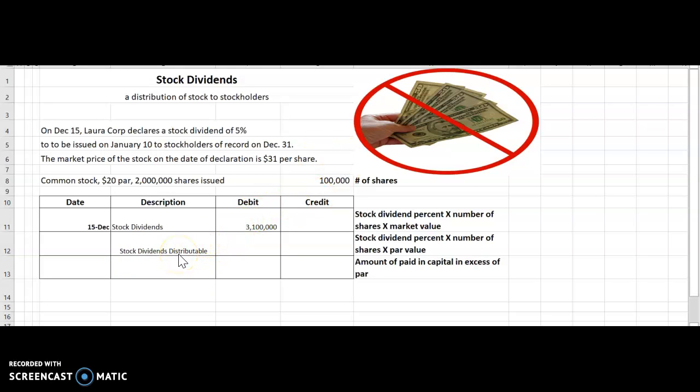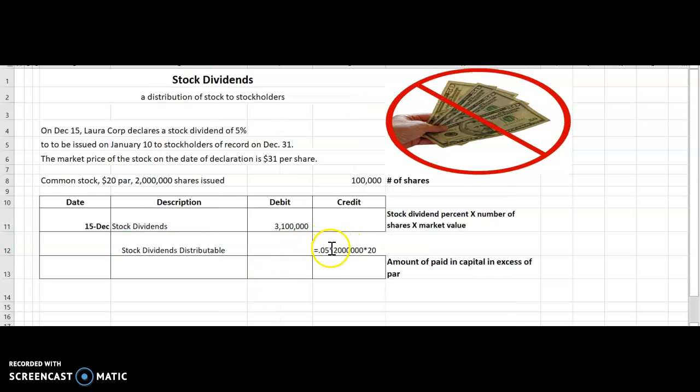Then our other account is going to be called stock dividends distributable, because we are only recording the liability today, and we will distribute these stock dividends at a later date. This time we're going to say 0.05 times 2 million times par value, which is $20, which would equal $2 million. Now this account will become your common stock account, which I'll show you later, but it is always put on at par value.